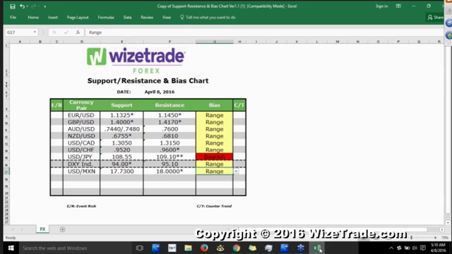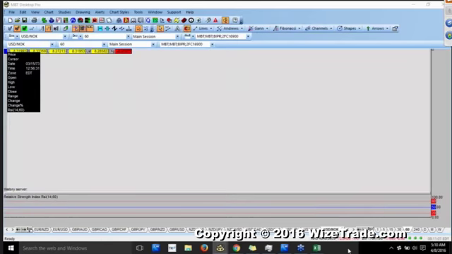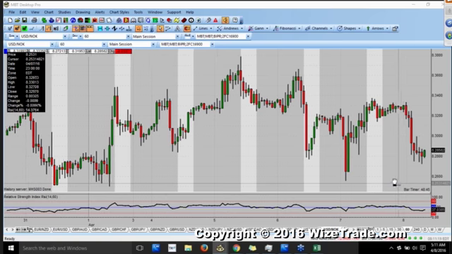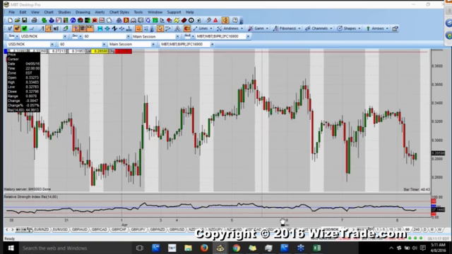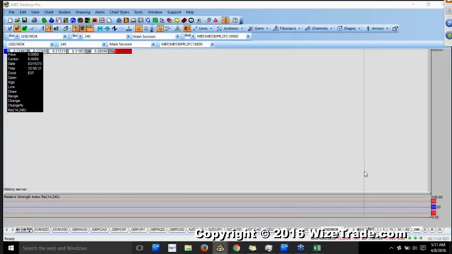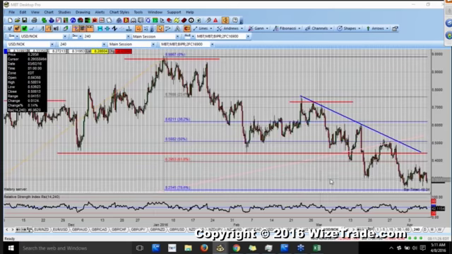All right. Let's take a look at the Nordic currencies really quick. Here's the US dollar, Norwegian krona. There's nothing to do here.